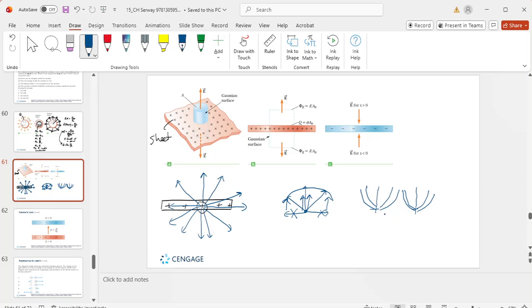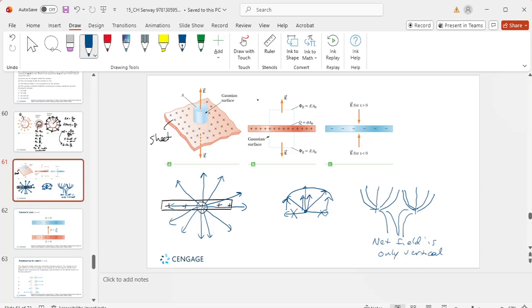So if I have field lines in my sheet doing this kind of thing, the net is only vertical. You cannot have a horizontal component to this field. All of your horizontal vectors are going to cancel out. Okay?